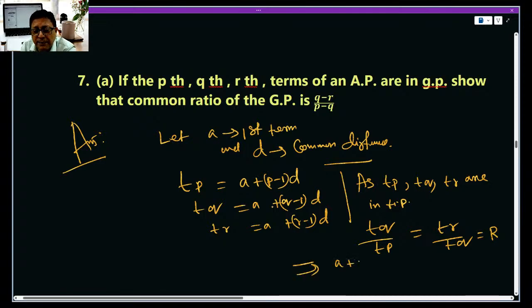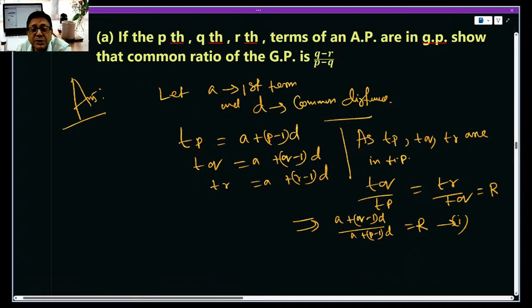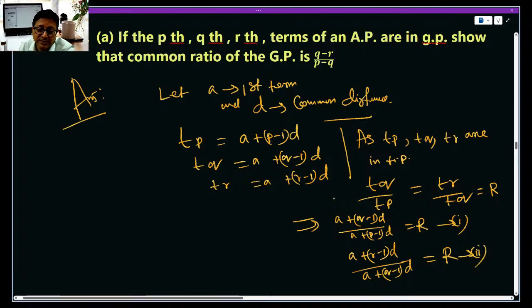So Tq is A plus (q minus 1)d by A plus (p minus 1)d equal to R, and then Tq by Tp and Tr by Tq. What is Tr? A plus (r minus 1)d by A plus (q minus 1)d is equal to R. Am I correct? You all understand?